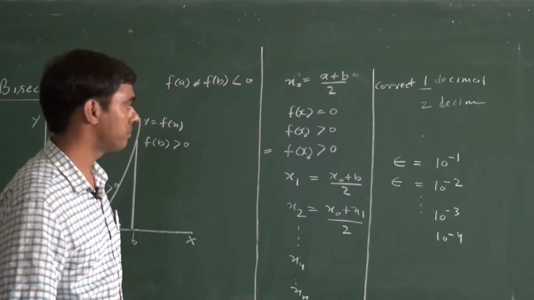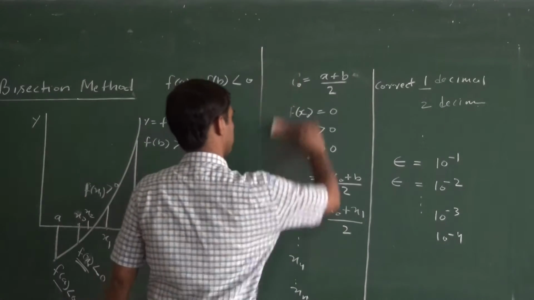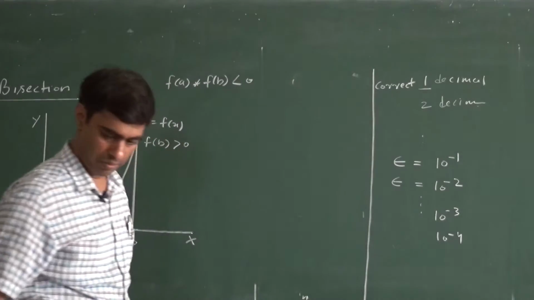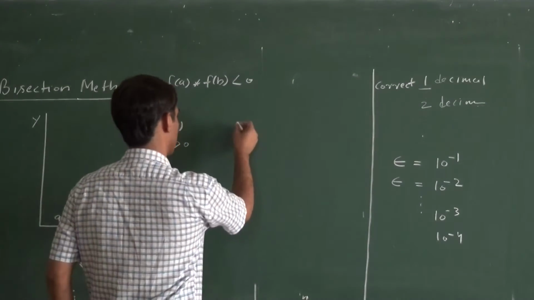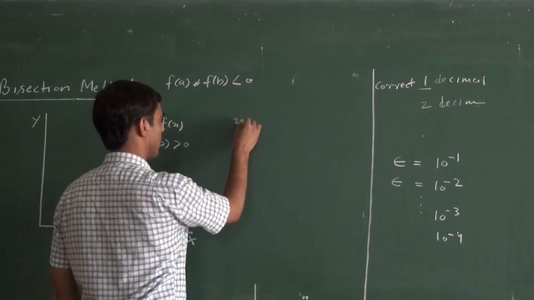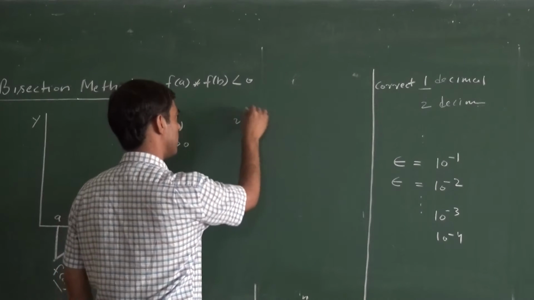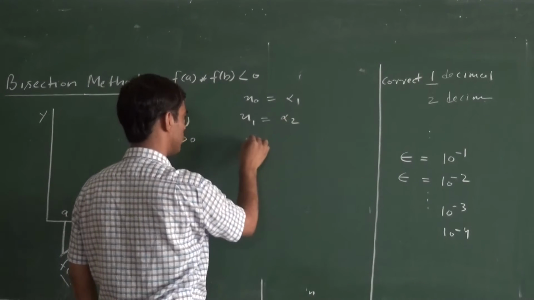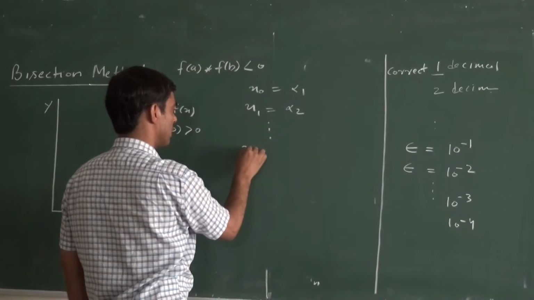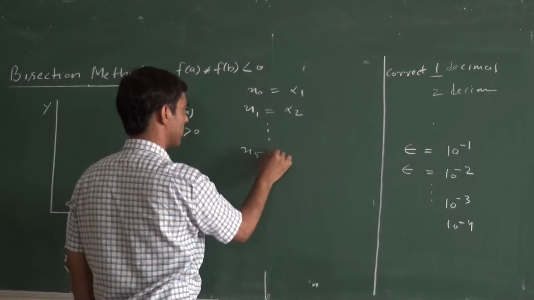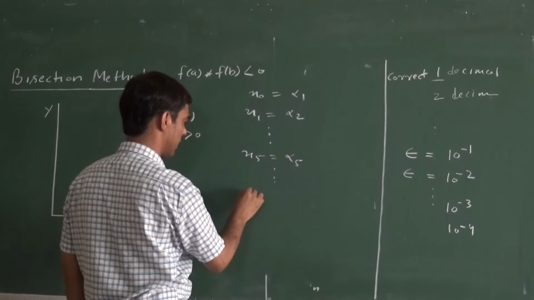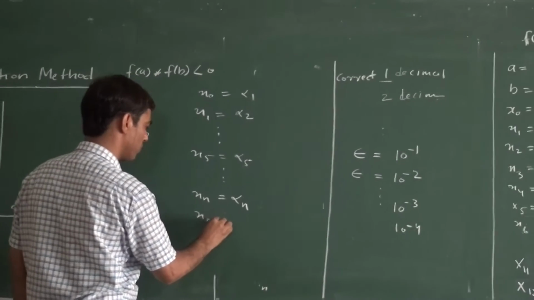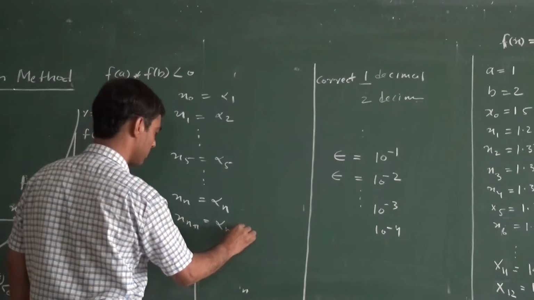Now, for example, suppose x0 equals alpha 1, x1 equals alpha 2, similarly x5 equals alpha 5, xn equals alpha n, and xn plus 1 equals alpha n plus 1.